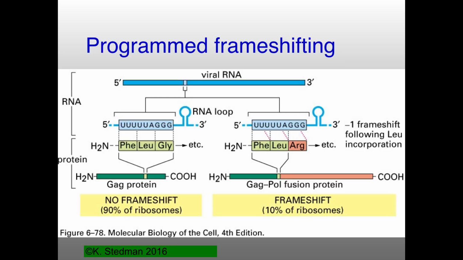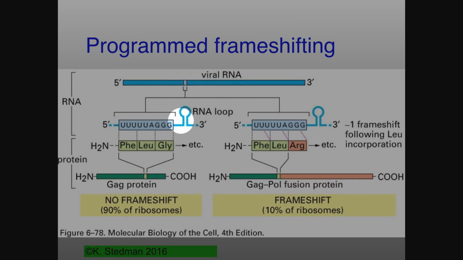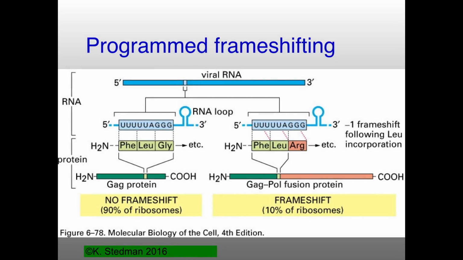Most of the time here, it turns out that it reads through it perfectly fine. 90% of the time in these viral RNAs and most of the other ones, you get regular translation in this frame. 10% of the time, you have a change in frame, and you end up with, in this case, a much longer protein. But it's just a change in the reading frame.